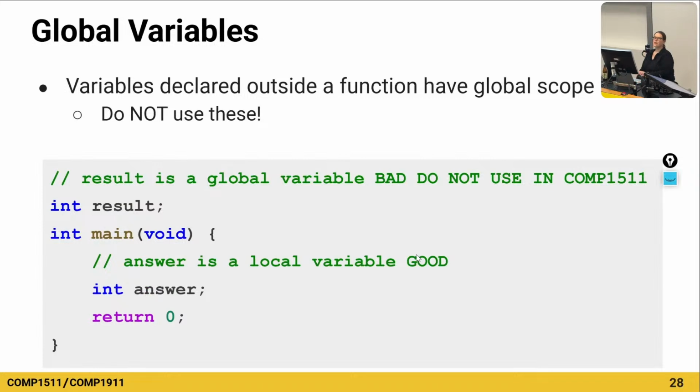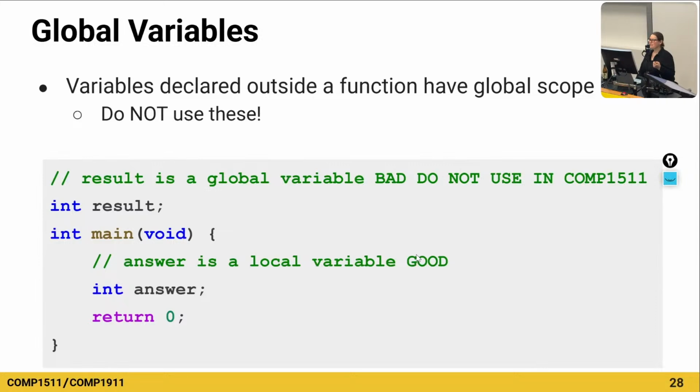Now, the other type of variable that we don't want you to use is something called a global variable. Has anyone heard of global variables before? Have you done other programming? And what did they say about global variables? Unsafe, don't use them. Yeah, so we're going to say that in this course as well.